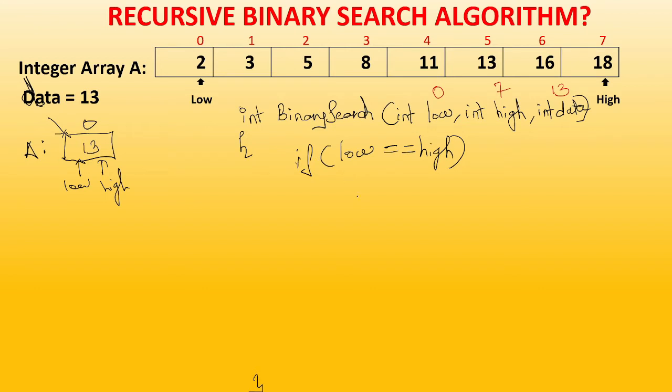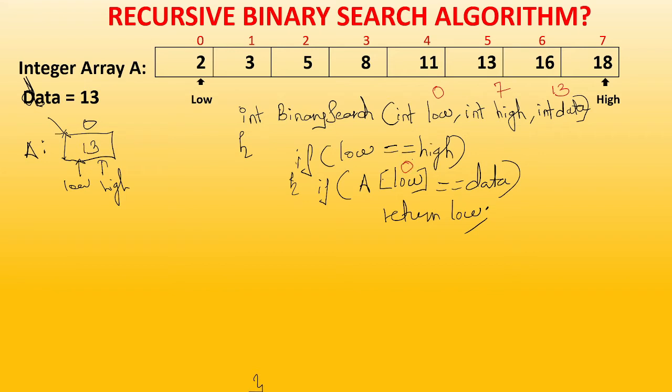In this case, if A of low, that is the value present at the low position, is equal to the data which we wanted to search, then you have to return the low position as the answer, because at the low position the data is present. A of low is A of 0, which is 13, and 13 is the data we wanted to find.